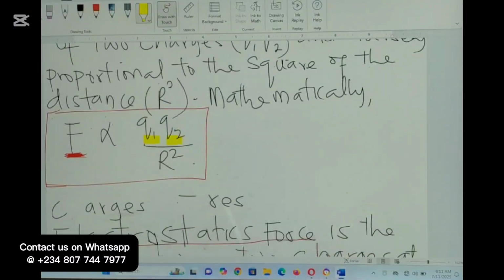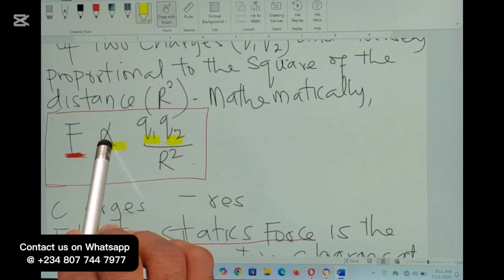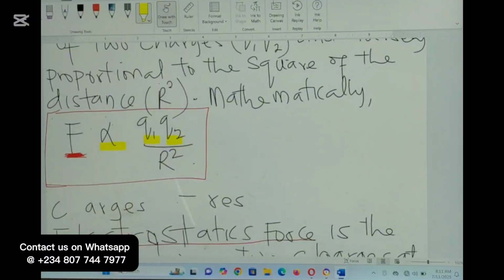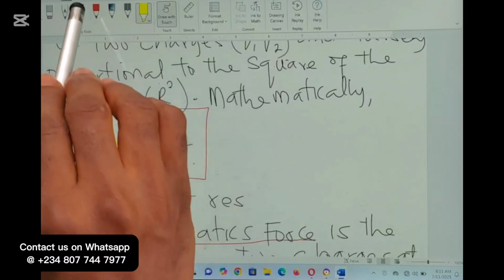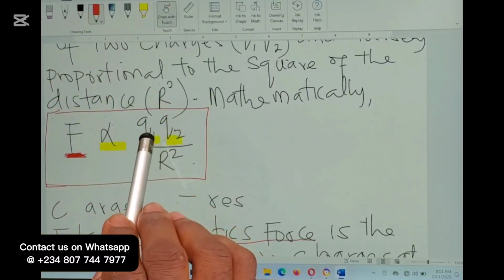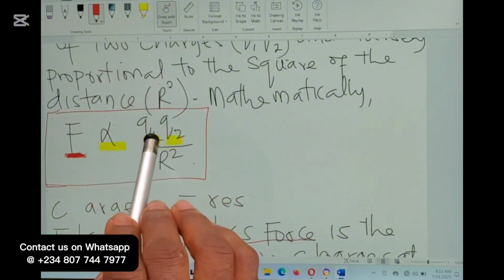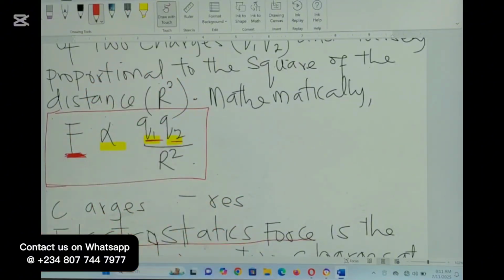Since the force is in direct proportion to the charges, anything that happens to the charge will also happen to the force.